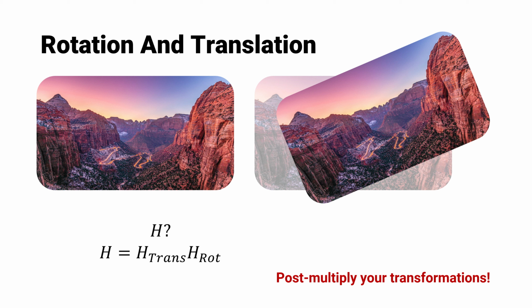I will have another video coming up, which is going to go into extreme detail of why this is the case. But if you just want to remember, you want to post multiply your transformations if you are doing the transformations based on the output of the previous case. If you are doing this with respect to a global axis like GPS or something like that, you are going to be pre-multiplying the coordinate transformations as you go along.